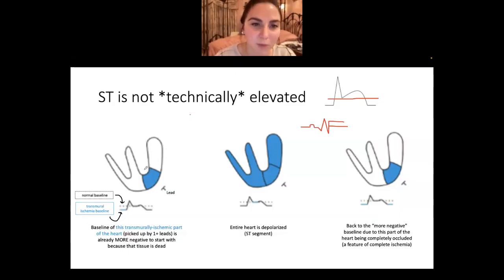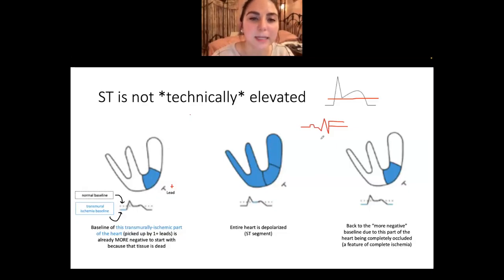If you have transmural ischemia, so complete, and that's what this blue is showing, complete ischemia through all three layers, and this would be the positive end of lead 2, the baseline is going to be lower than the rest of the EKG baseline. This transmurally ischemic part of the heart is more negative to start because the tissue is completely dead.